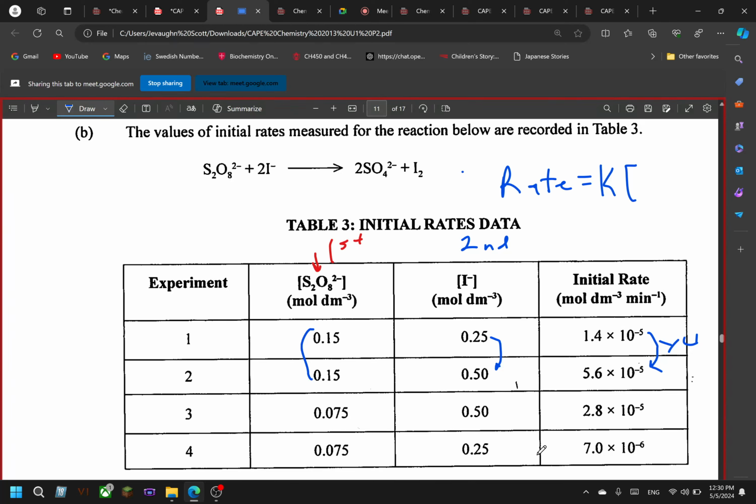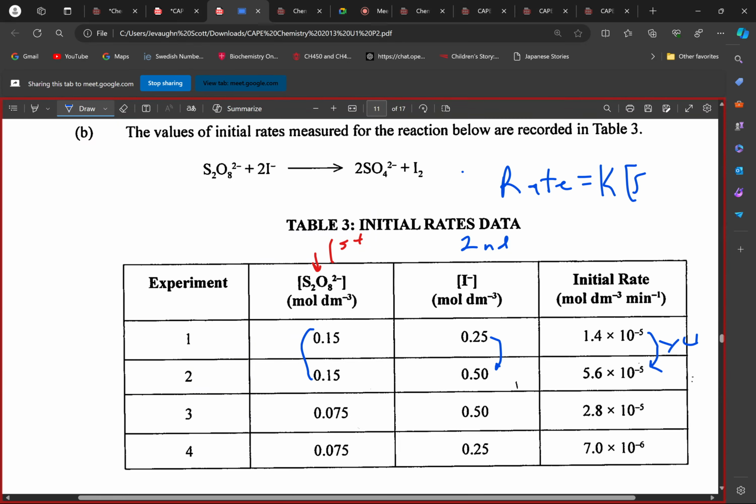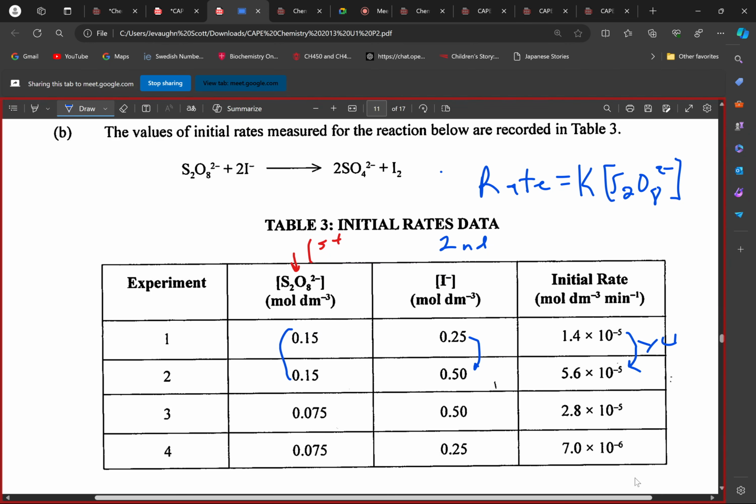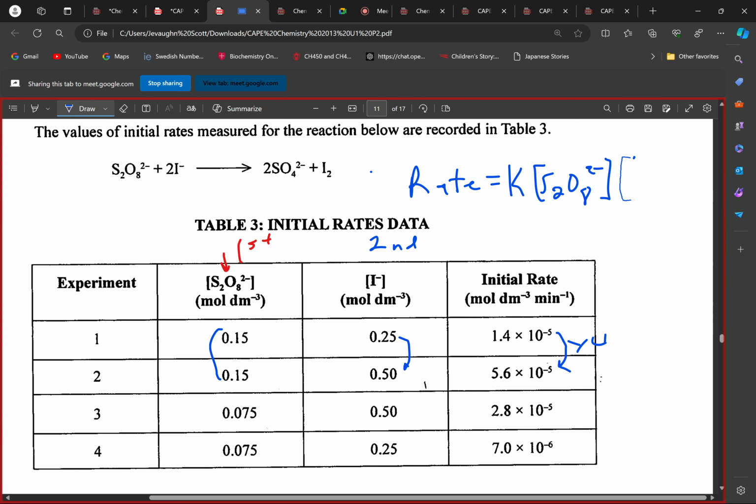Okay, so square brackets denote concentration. Let me shift the screen a little bit. Times iodide raised to the second power. S2O8 2 negative is raised to the first power, which we just leave, and that's being multiplied by iodide specifically.